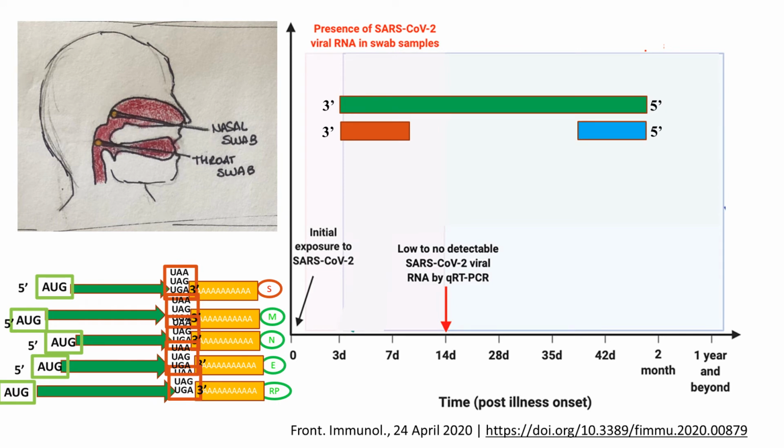Basically, on the initial exposure, we start detecting it because remember, we amplify from minute amounts that are there. So as long as the gene is there, the genomic RNA is there, we are able to amplify it and detect it.